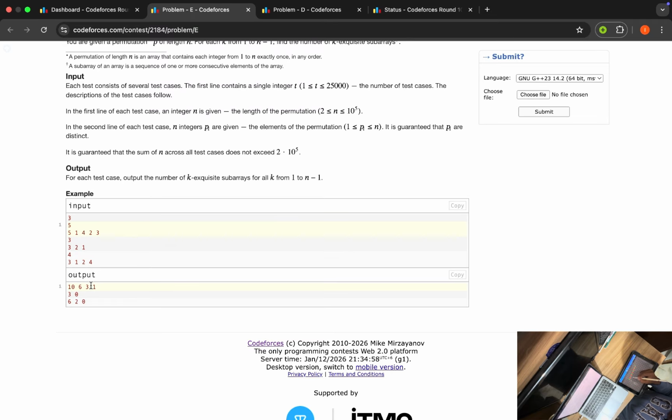1. For the second position, it will be false for only if some value is together something like 4, 5. Okay, something is like 4, 5, then it's a false.